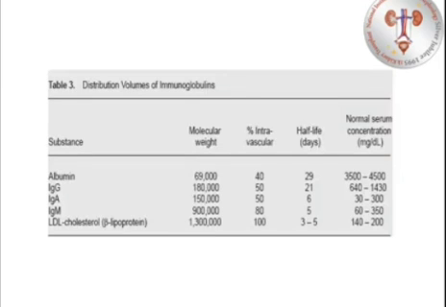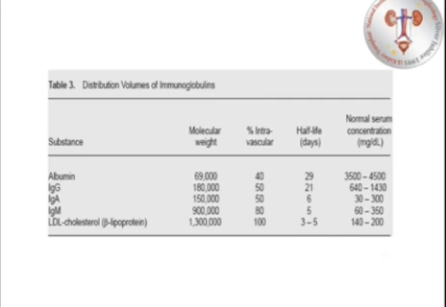It's very important to know the distribution volume of immunoglobulins and the molecular weights, which I will come to later, of the different substances, because that's the whole philosophy of plasmapheresis, whether by centrifuge or by filtration method.